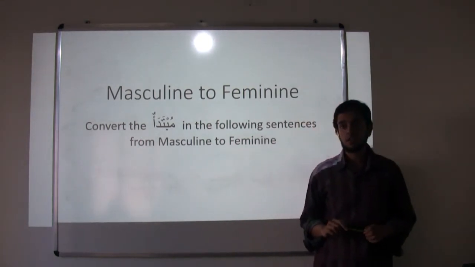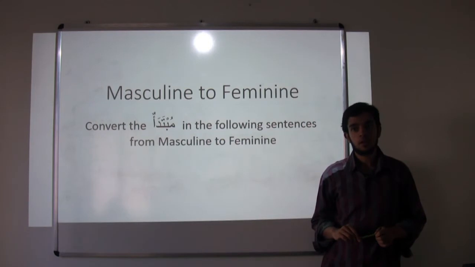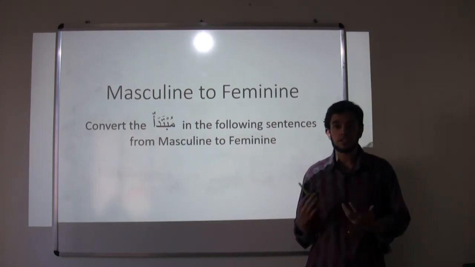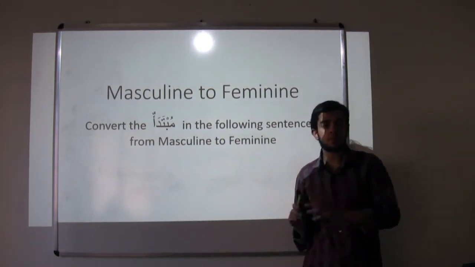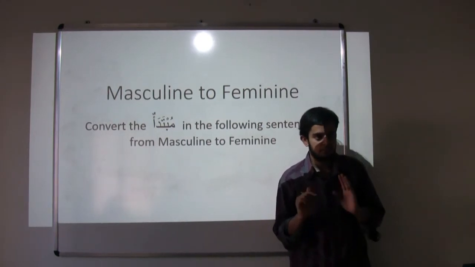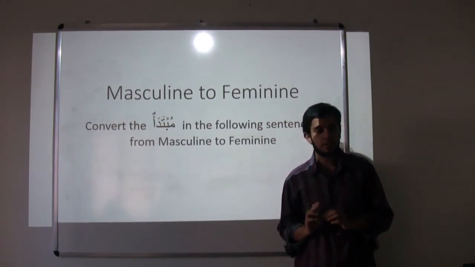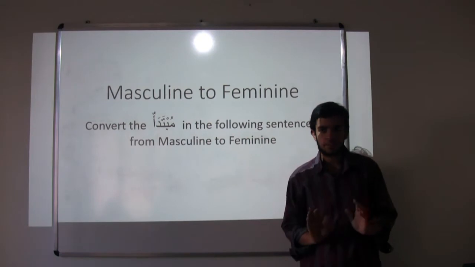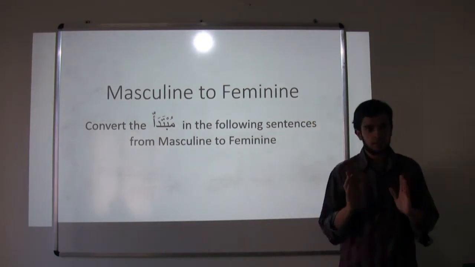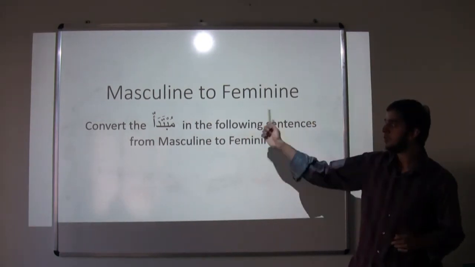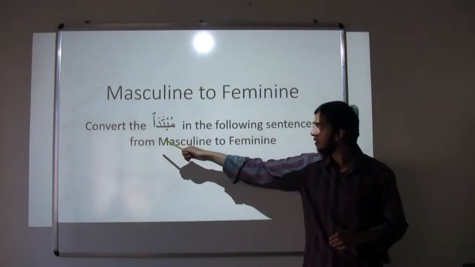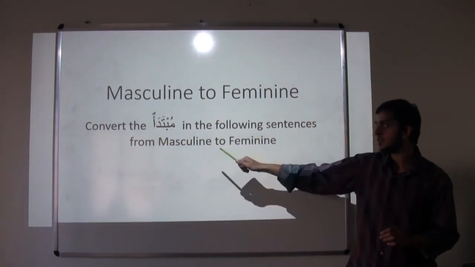Mubtada and khabar. What does it mean? Mubtada, which begins. When does mubtada come? Usually by default in the beginning. Khabar comes after mubtada. So with that in mind, convert the mubtada in the following sentences from masculine to feminine.